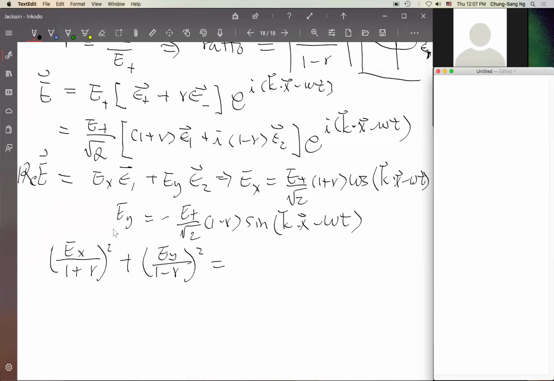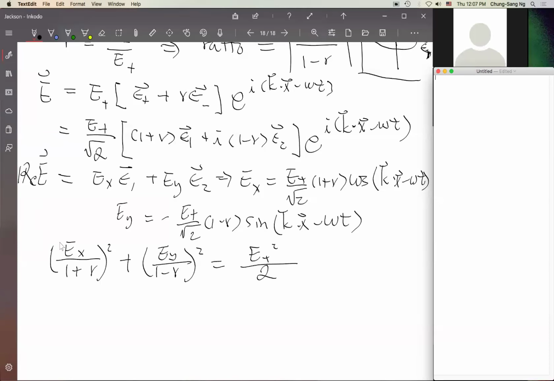Okay. So you do that, you add the two together. What you have is cosine squared plus sine squared, divided by 2. So that equals E plus squared over 2.